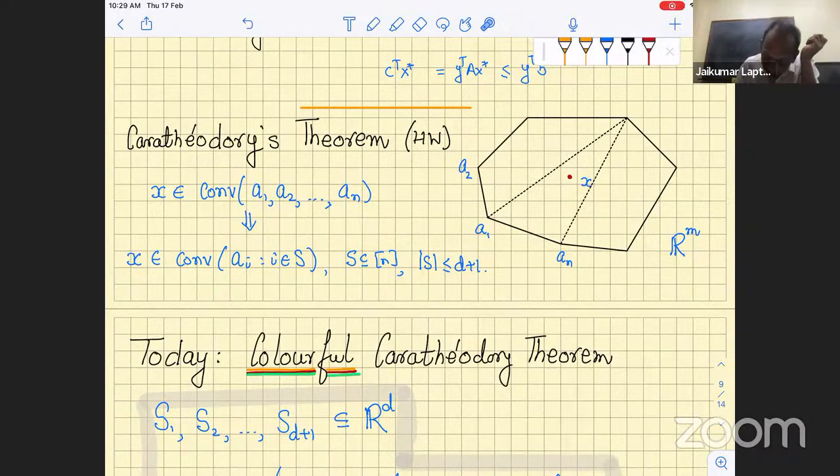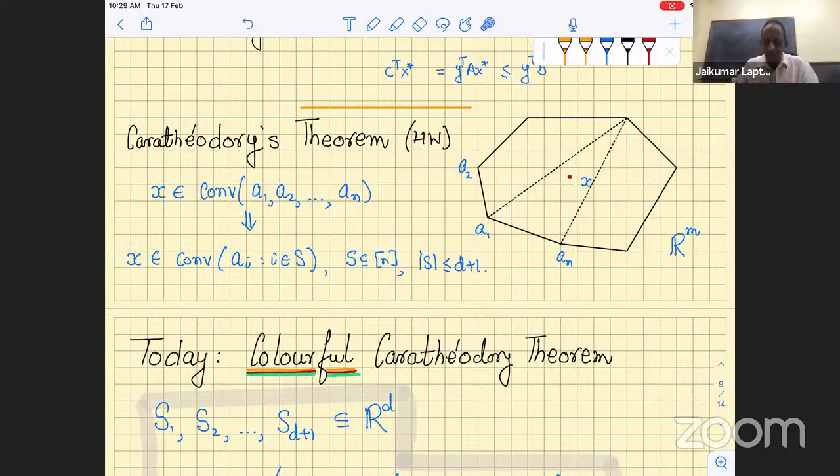But from our intuition, you can always triangulate any polygon. Then this particular point is actually a convex combination of 3 of them.